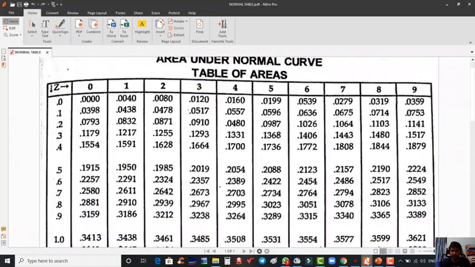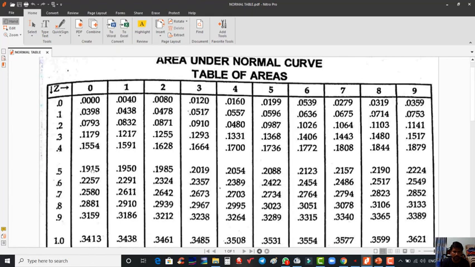I am going to see this value 0.19. Where is 0.19? See, 0.1818 and 0.19. So here 0.19 is there. Approximate value only, we don't see exactly 0.19. 0.1915 is approximately equal to 0.19.